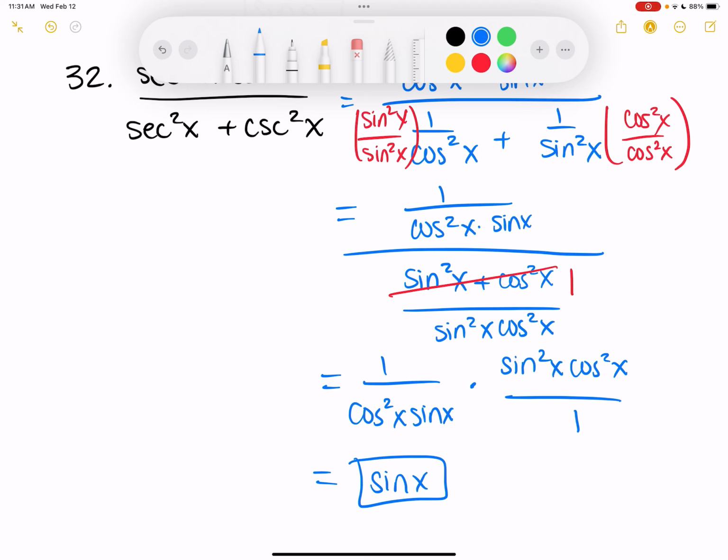Y'all might wish that we were back in Algebra 2 identities. These get pretty brutal. Any questions so far?